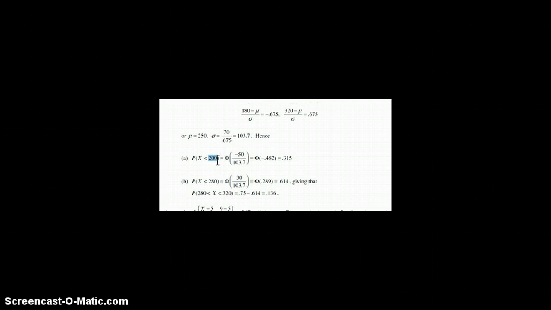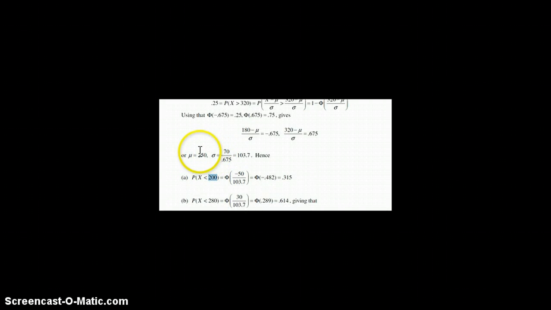Once you get sigma and mean, then the rest are straightforward calculations, like in 15, where we're just getting the z-score based on this number. So we would take 200 minus our mean of 250, divide it by our standard deviation of 103.7, and that's what we would then look up on the chart, although because it's negative, we would take 1 minus phi of 0.482 to get that 0.315. And part B is very similar.